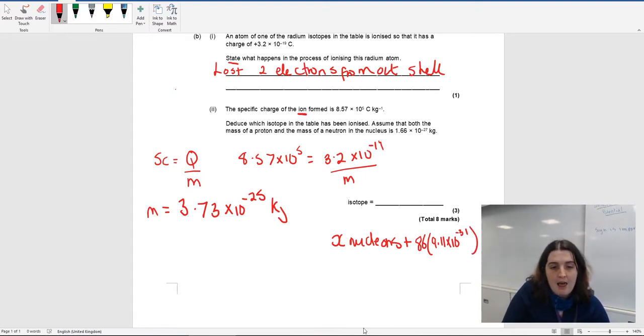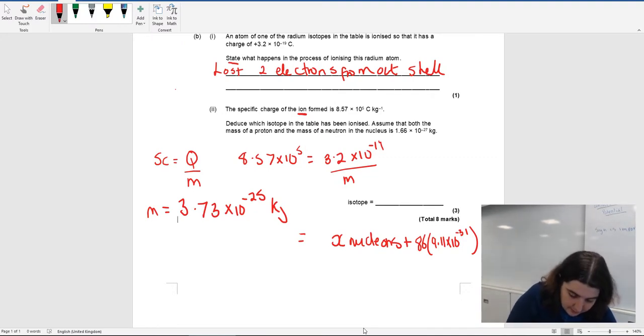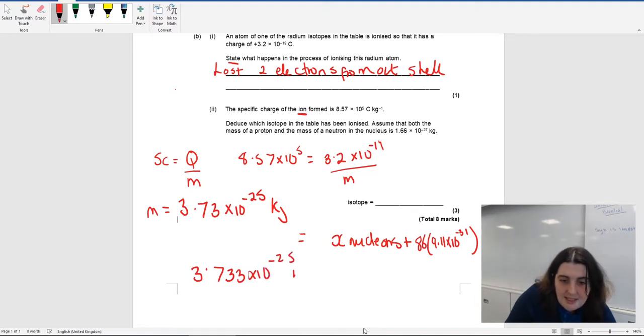And that equals my total mass. So I'm going to take this value and take away 86 times 9.11 times 10 to the minus 31, and I get 3.733 times 10 to the minus 25. Like I said, you can actually ignore the electrons in this because they're so tiny.